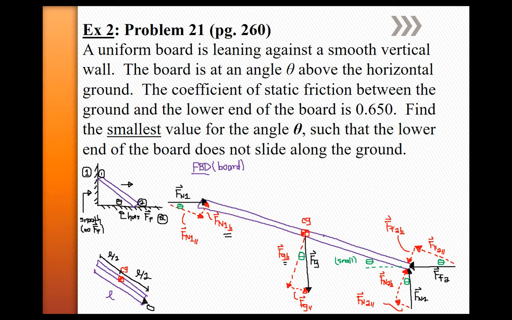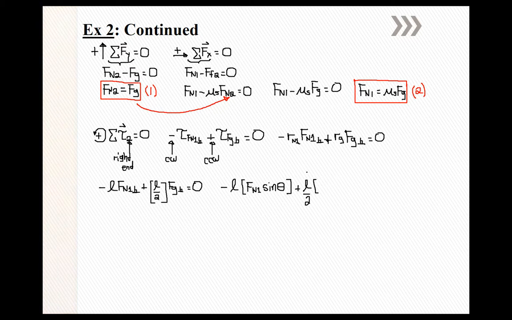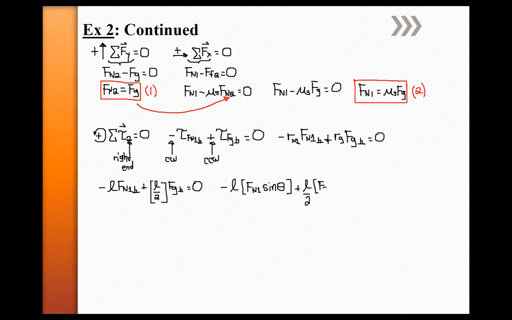Let's go back now to look at what Fg perpendicular is. How does that relate to this angle theta? Well, it's the adjacent side. So cos of theta would be Fg perpendicular over Fg. So we're going to use cos. So this would then be Fg times cos of theta.